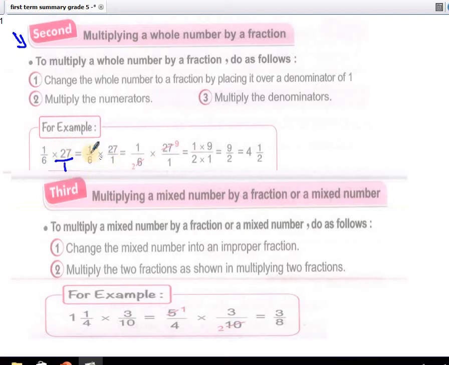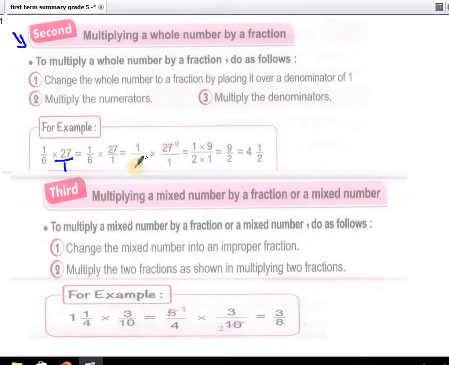So 1 multiplied by 27 is 27, and here 1 multiplied by 6 will be 6. Also I have to do 1 over 6 multiplied by 27 over 1.